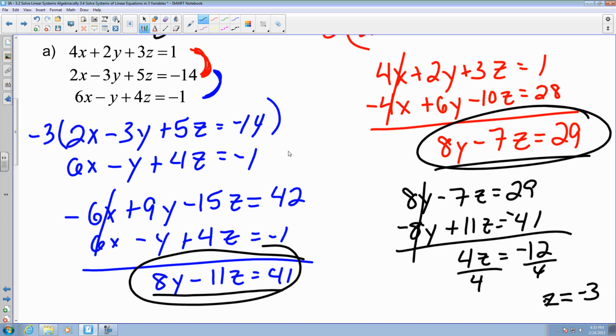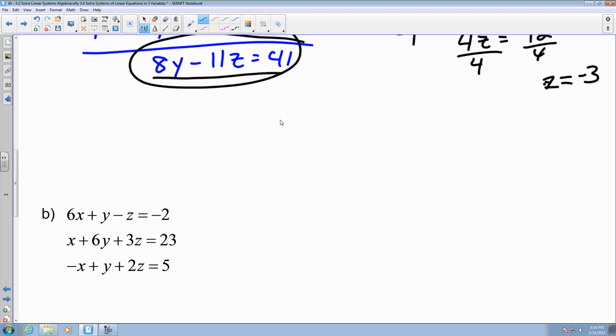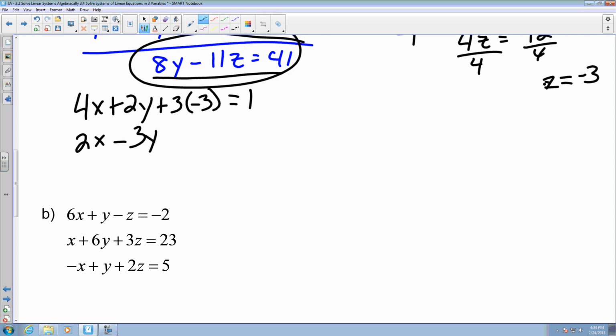So go over here, and I'm just going to say 4x plus 2y plus 3 times negative 3 equals 1. And then 2x minus 3y plus 5 times negative 3 equals negative 14. So here, I'm just going to multiply the 3 times the negative 3.